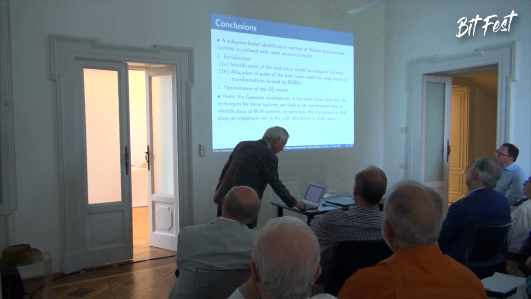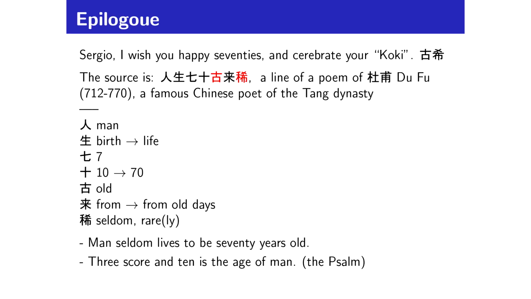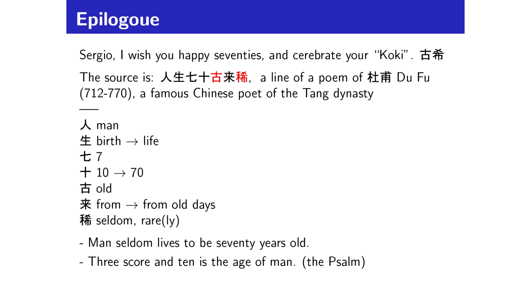I want to say just a few words. This contains Japanese or Chinese characters, so it's probably very difficult to explain. But Sergio, I wish you a happy 70th and celebrate your Koki. In Japan we call the 70th year Koki.